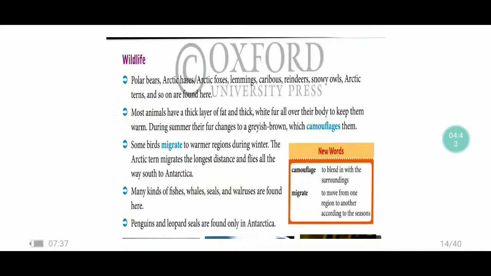As we know, it is an extreme condition and the animals have thick layers of fat and fur covered all over their body to protect themselves from the winter, and they have the ability to change their color.